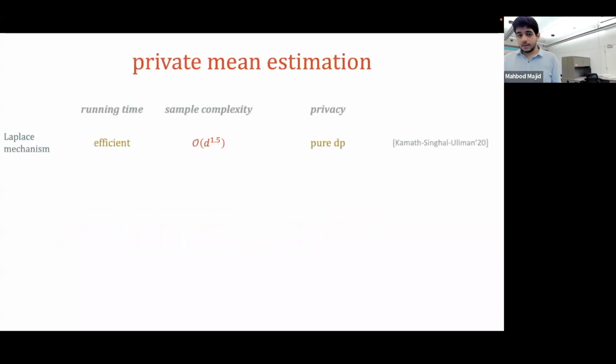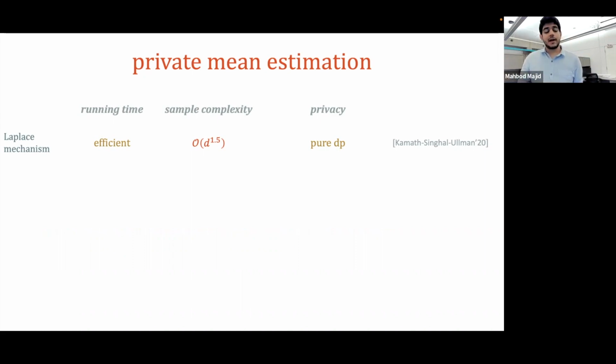So let's begin. The first one is the Laplace mechanism. This is a fairly simple algorithm. You would just take x1 to xn and truncate to a ball of radius, say, root d. By doing this, you would reduce the sensitivity of the empirical mean of these truncated points.